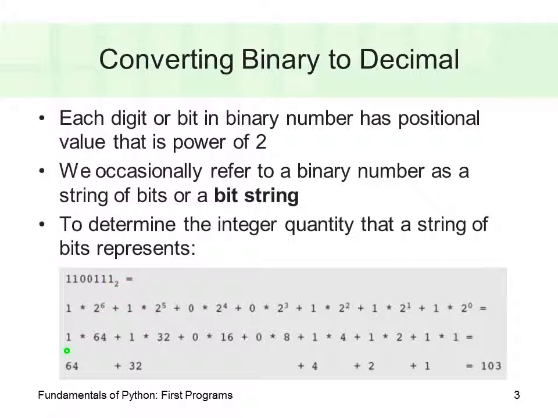Work all these out. 2 to the 6 is 64. 2 to the 5 is 32. 2 to the 4 is 16. 2 to the 3 is 8. 2 to the 2 is 4. 2 to the 1 is 2. 2 to the 0 is 1.